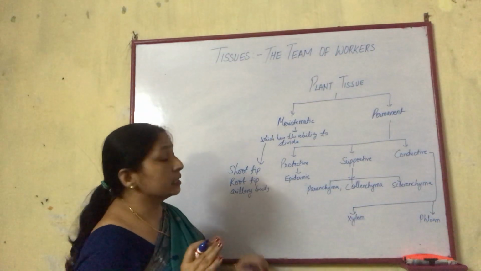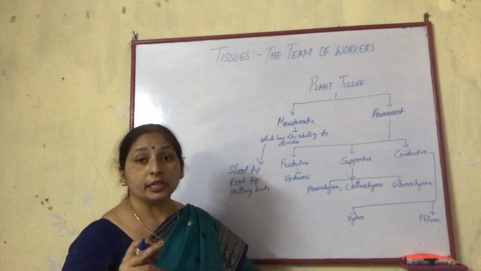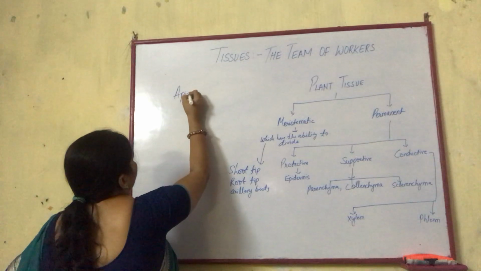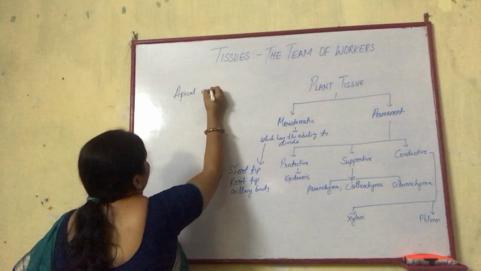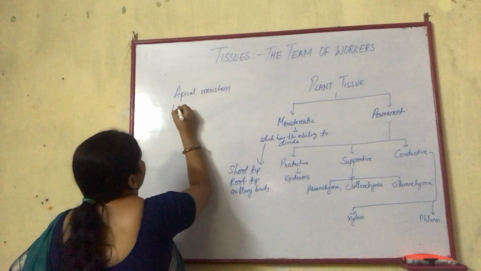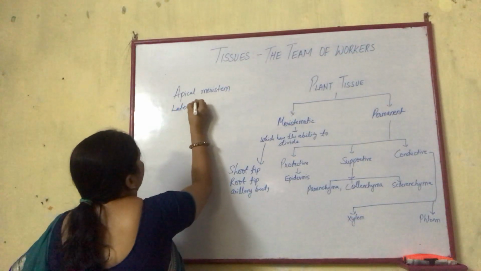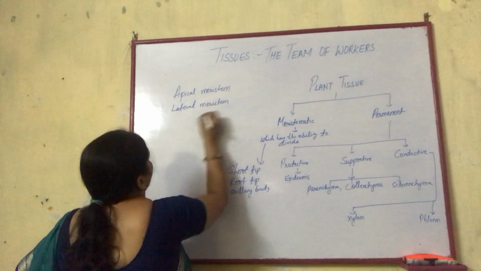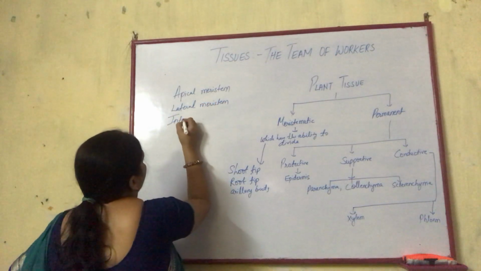Based on this they are divided into three types: apical meristem, lateral meristem, and intercalary meristem.